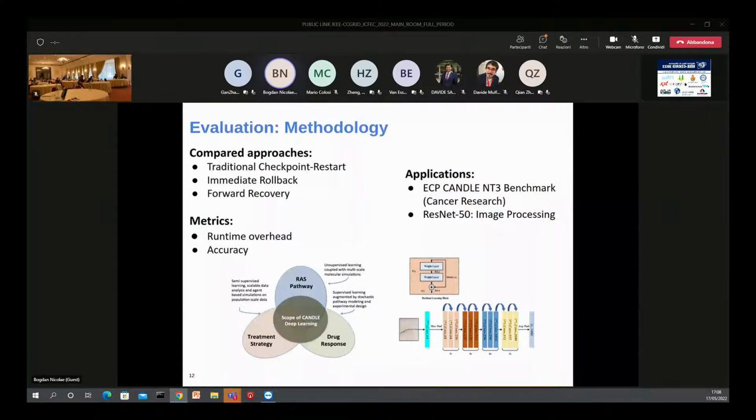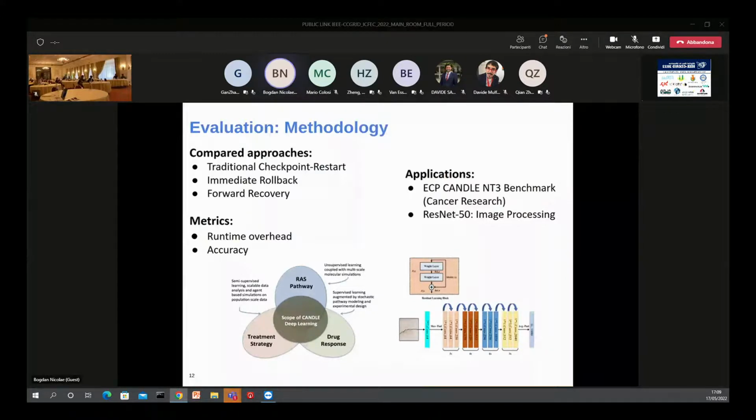In terms of applications, we look at two models. One of them is the cancer research application that I mentioned in the beginning of our talk, in particular a benchmark called NT3. We also use a very popular model in the AI community, ResNet-50, which is in the area of image processing.